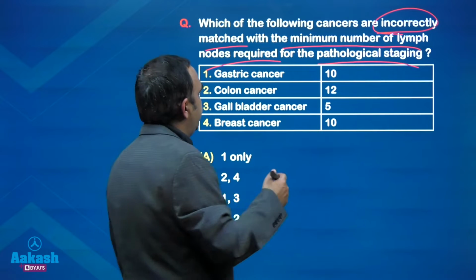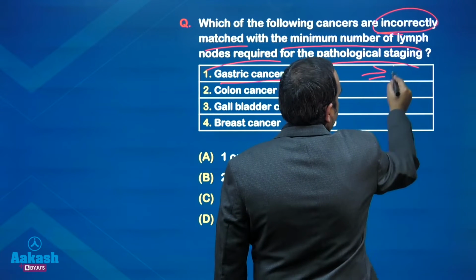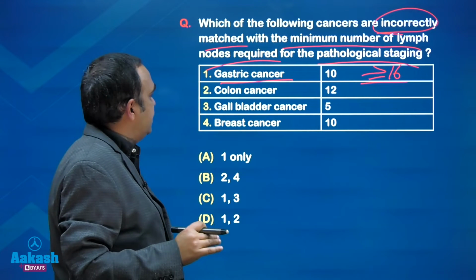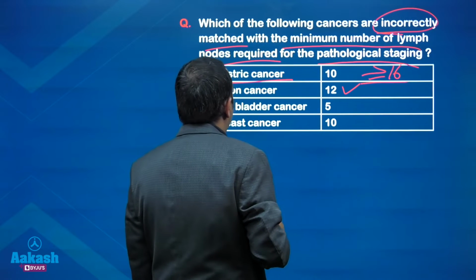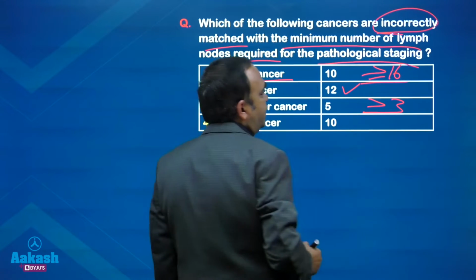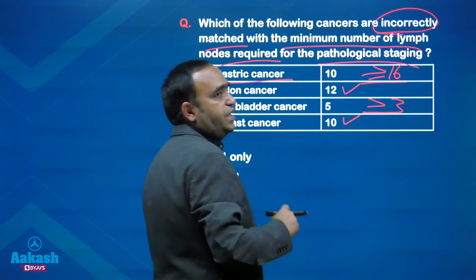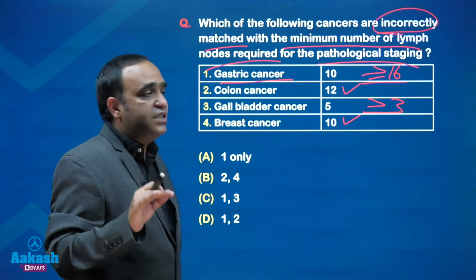So let me tell you again, for gastric cancer, the minimum is 16, more than or equal to 16. For colon cancer, it is the correct figure, 12 minimum needed. Gallbladder, minimum lymph nodes needed are 3. Breast cancer, minimum lymph nodes needed are 10 for the correct pathological staging, right?